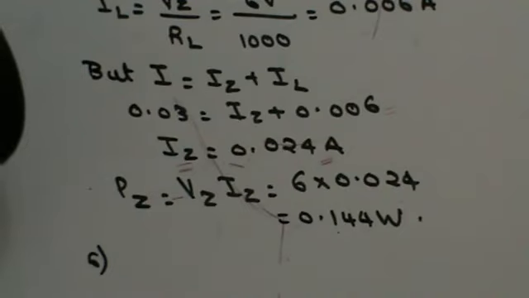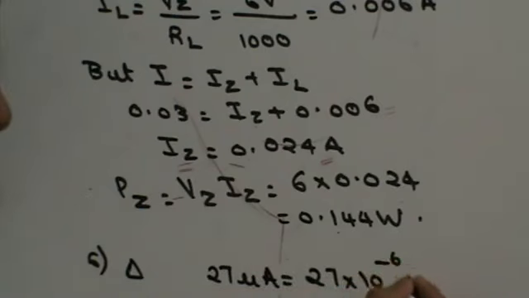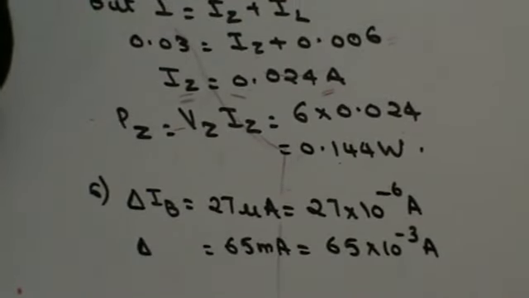In a common emitter amplifier, a change of 27 microamps in the base current produces a change of 65 milliamps in the collector current. Find beta AC.